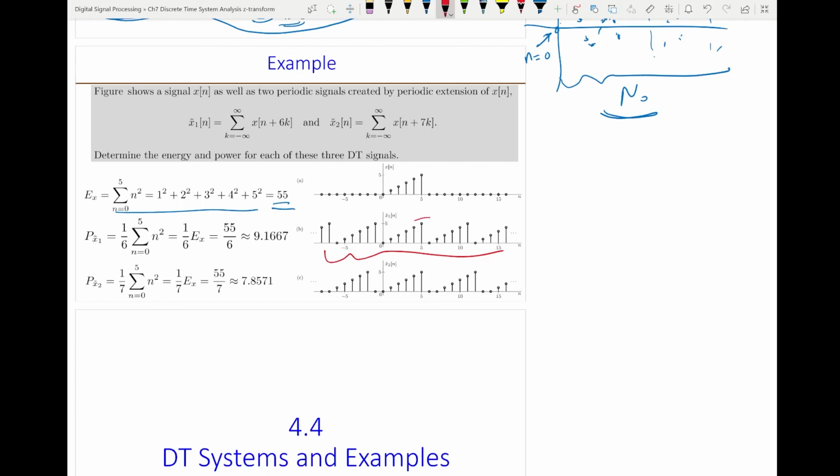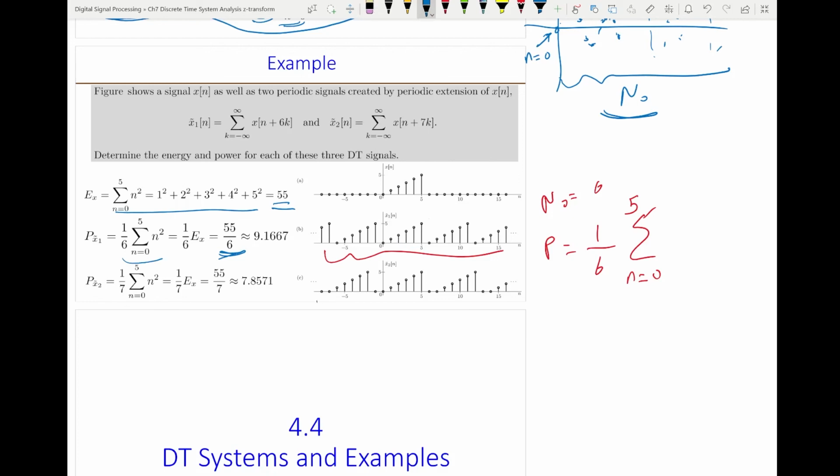I can consider these samples where it repeats itself: 1, 2, 3, 4, 5, 6. So n0 is 6. So the power will be 1 over n0 times the summation from 0 to 5, that means 0 squared plus 1 squared plus 2 squared, 3 squared, 4 squared, 5 squared. And if you do this, you will get this value.